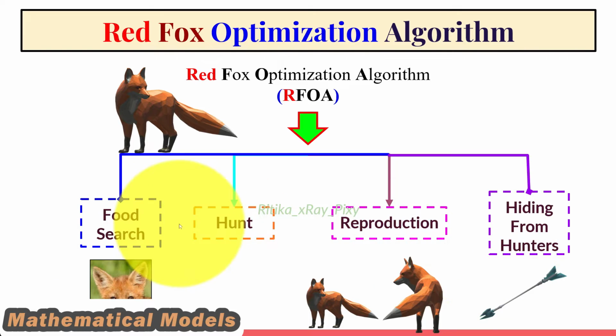So here you can see we have 4 red fox behaviors. They are simulated in this algorithm, and for that we will use different mathematical models for food search, for hunting, reproduction and hiding from the hunters.